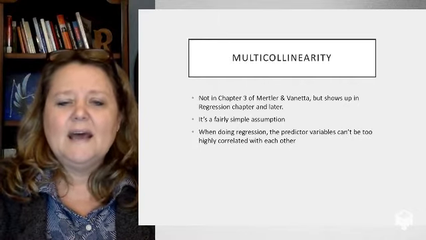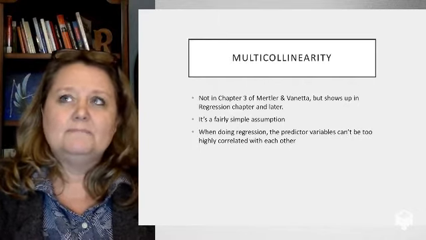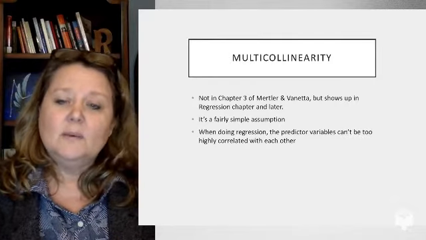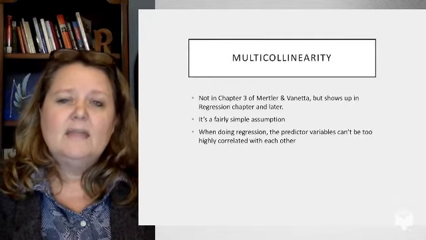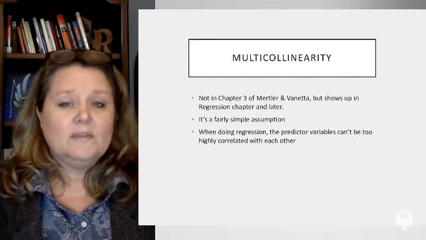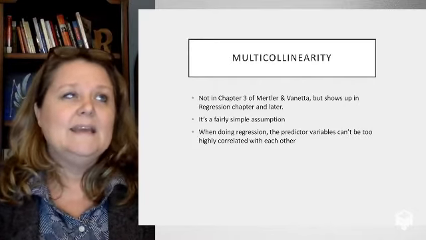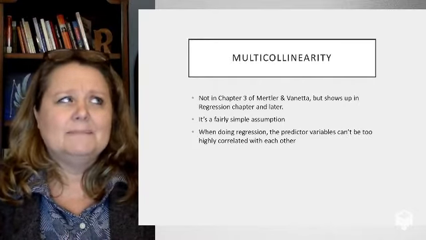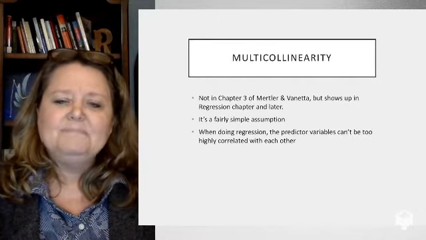And so you cannot have predictor variables that are continuous in a regression that are super highly correlated with each other, or particularly high. Some say moderate, but most everyone I've read says high.